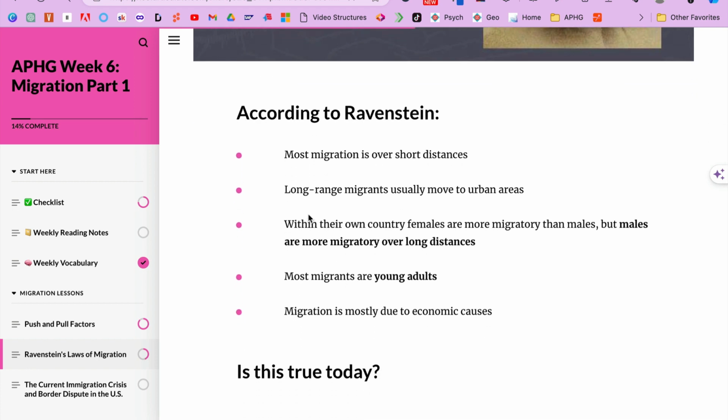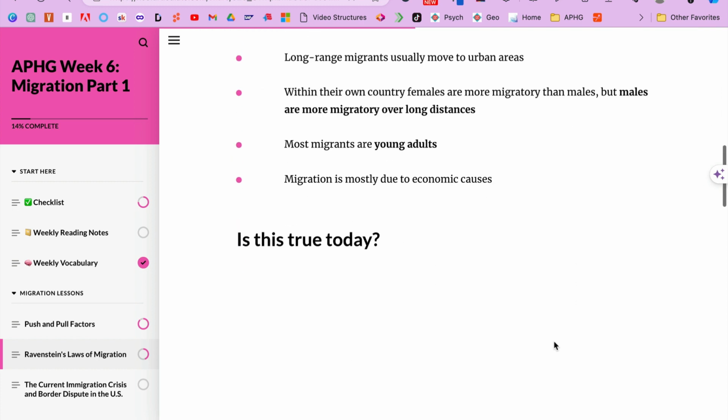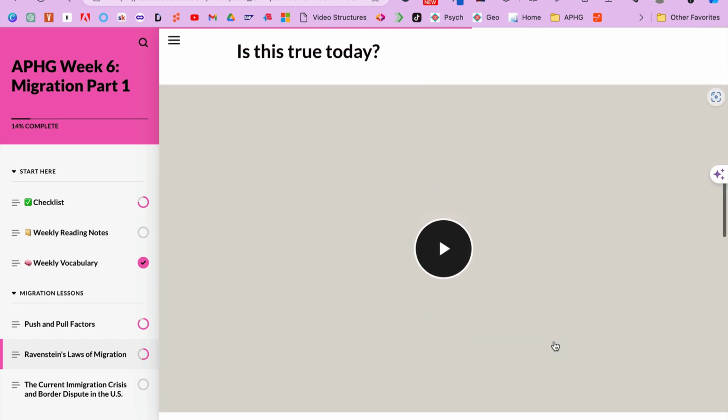Long range migrants usually move to urban areas. Within their own country, females are more migratory than males, but males are more migratory over long distances. He said most migrants are young adults and that migration is mostly due to economic causes. So most of these are still true, but there are some differences. So let's watch this video.